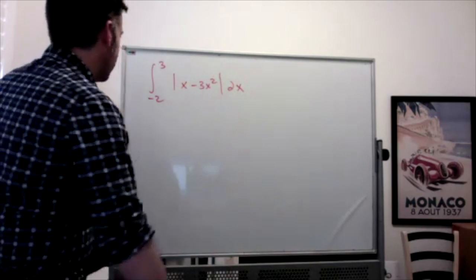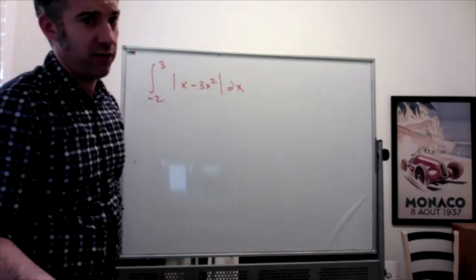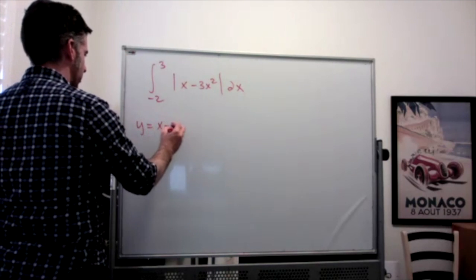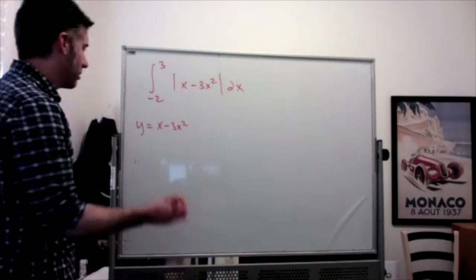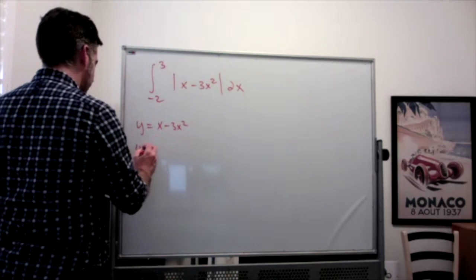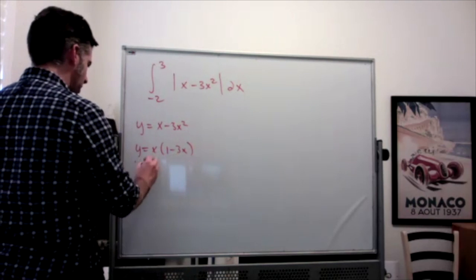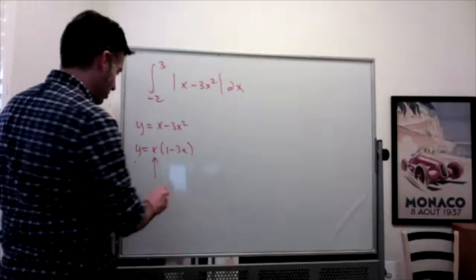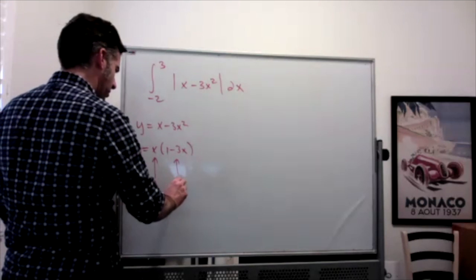Okay, so you don't have to graph it, but I think it's helpful to graph it. So let's just graph y equal to x minus 3x squared first. See, it's a downward opening parabola. If I factor out an x, I see that my x-intercepts are x equal to 0 and x equal to positive 1/3.